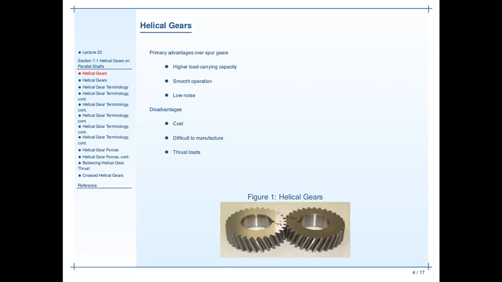But there are some very significant disadvantages to using helical gears. They are more costly. If you look at the picture of the helical gear, you can see that this tooth is angled, and that makes it a little bit more difficult to form. That difficulty in manufacture is why they are more costly.